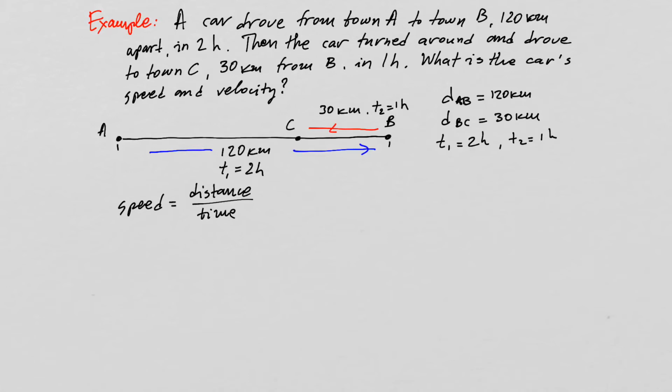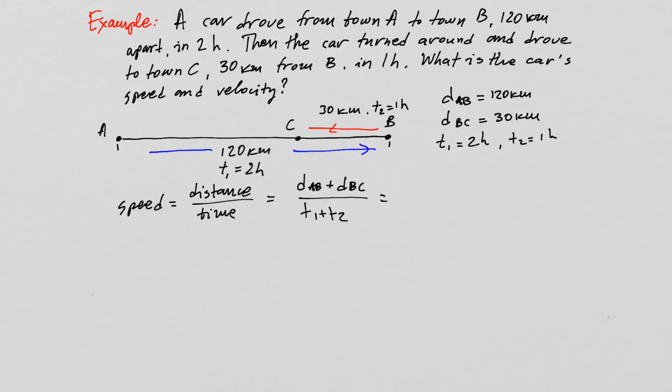So what is the distance traveled here? The distance traveled is the distance from A to B and then from B to C. So that would be DAB plus DBC divided by the time of travel, which would be 2 hours between A and B, and then 1 more hour between B and C. So that would be T1 plus T2.